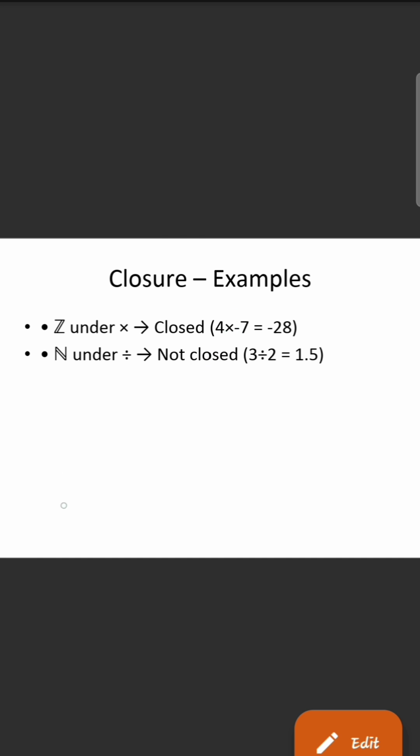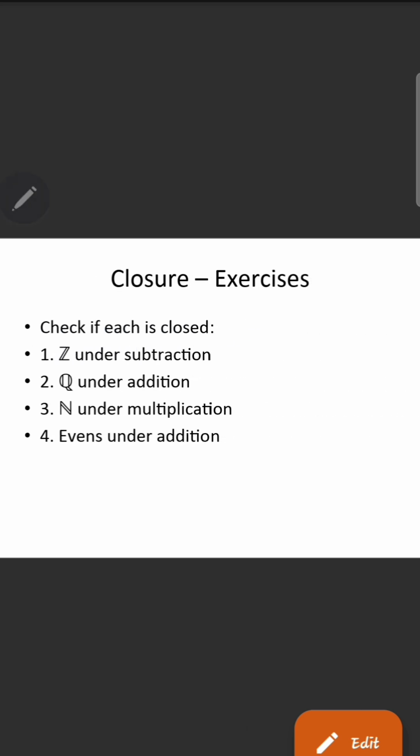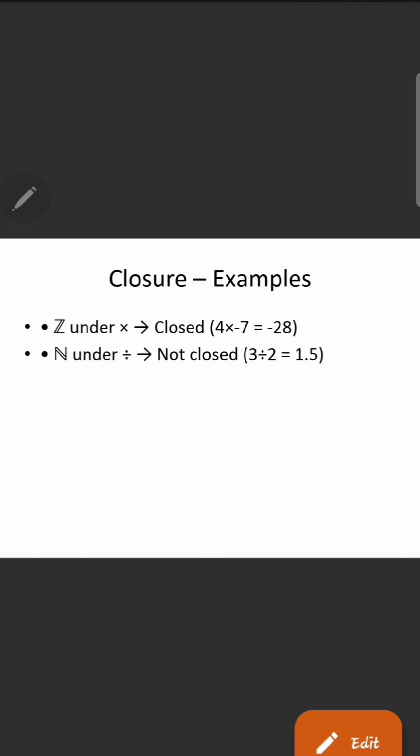When they say something is closed, it means when you perform the operation on it, the result you are going to find will still be an element of that set. So the one that we are having here, we have 4 times minus 7 gives minus 28. Minus 28 is still an element of integers.